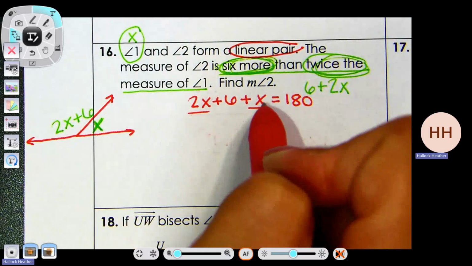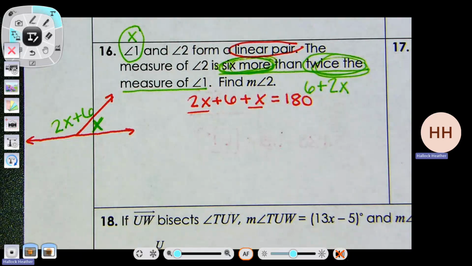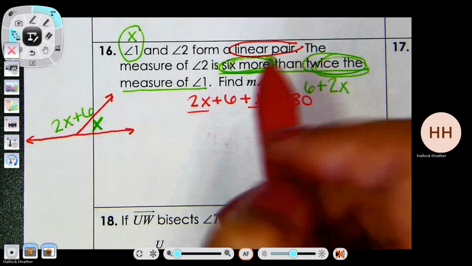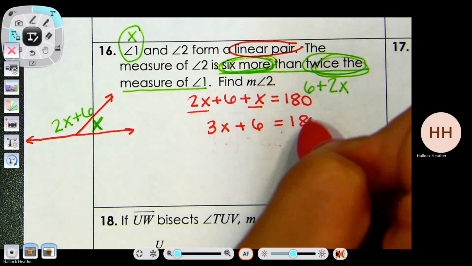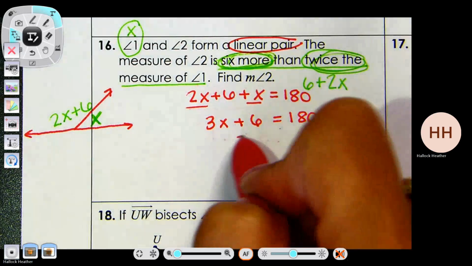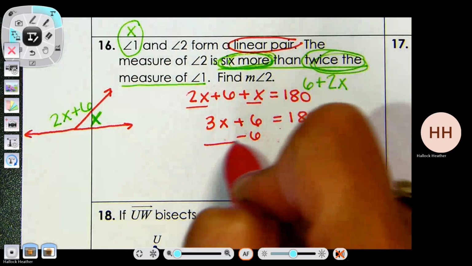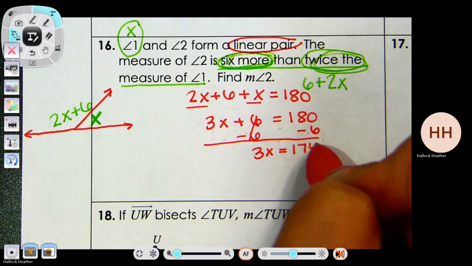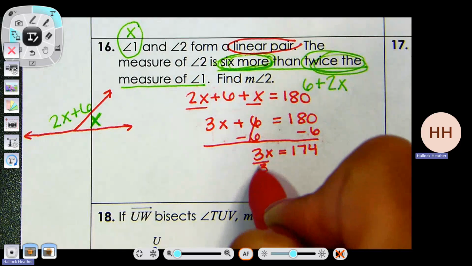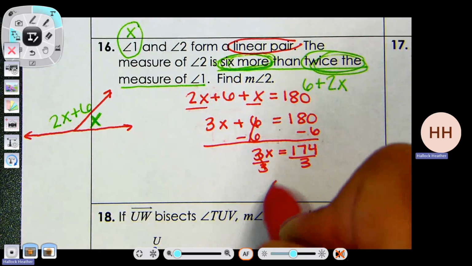So 2x and x make how much? 3x. So I can minus 6 and divide. Oh, this is really big. What do you get for x?